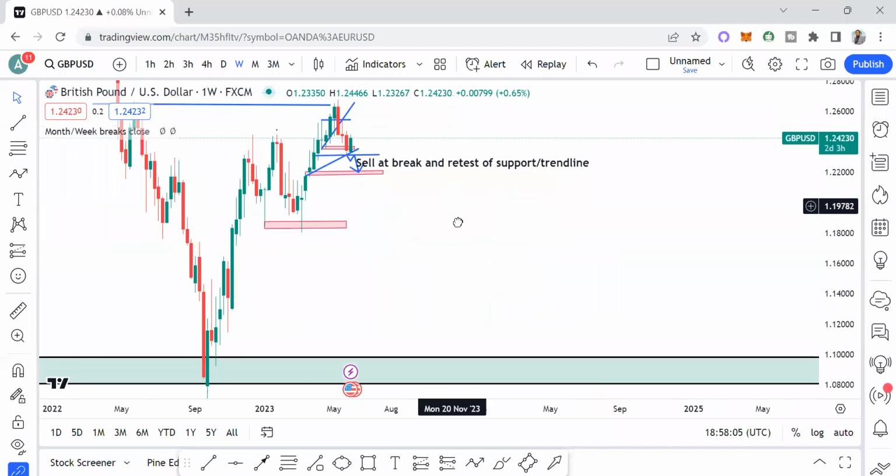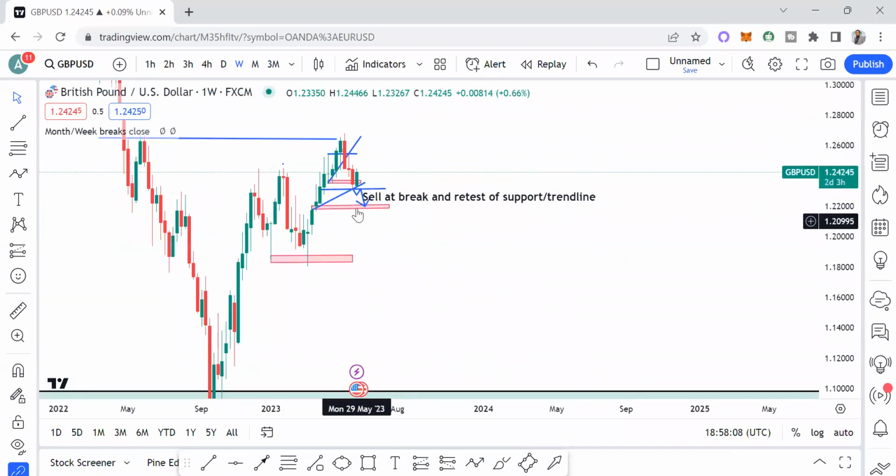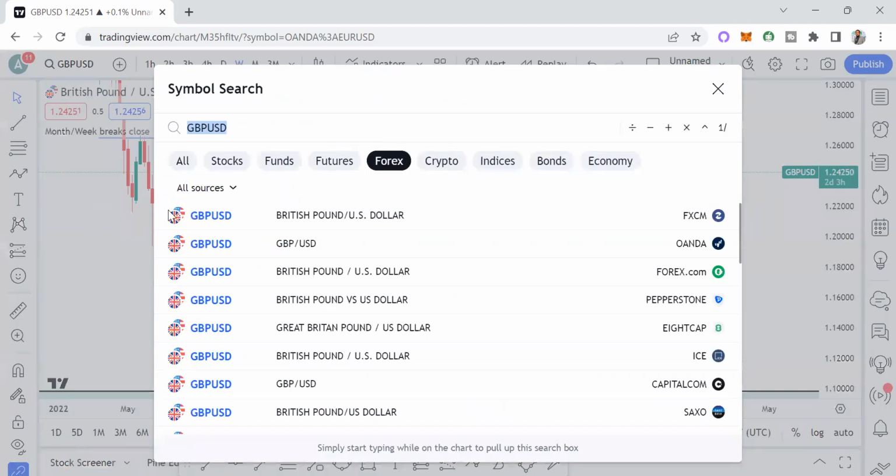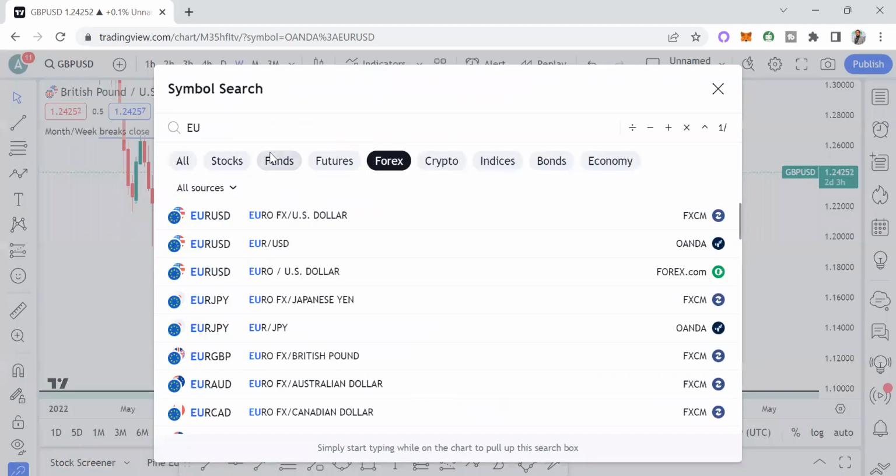You notice that while price is terribly crashing with Euro USD, pounds is not crashing like that, because the economy of the UK didn't go through what the European Union is presently going through. The whole of the European Union is presently suffering recession, and that's why Euro USD is coming down. Pounds USD has been maintaining the uptrend. It didn't crash as much as Euro USD. Let me go back to Euro USD.